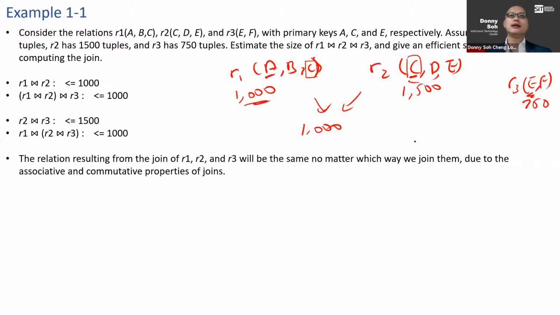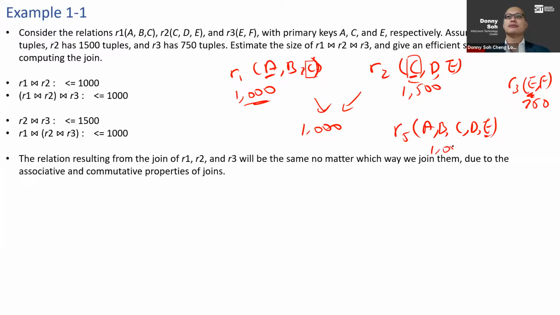If we do the resultant join from R1, R2, and join with R3, it will be joining based on this attribute. So let's say this is R5, with A, B, C, D, E. It will join based on this.